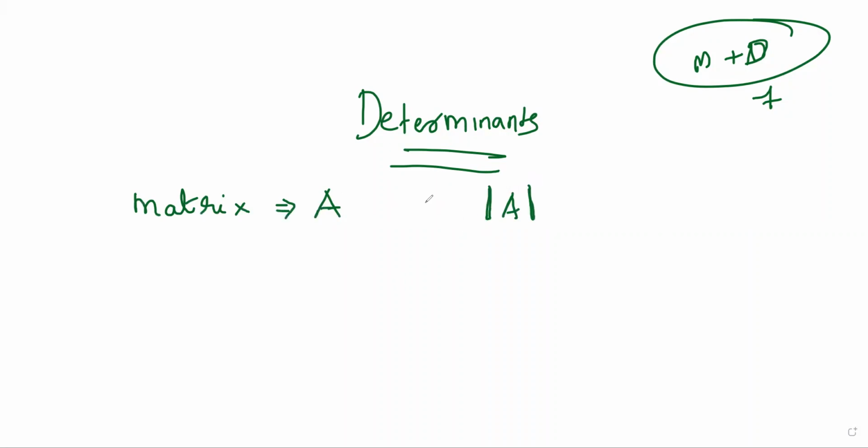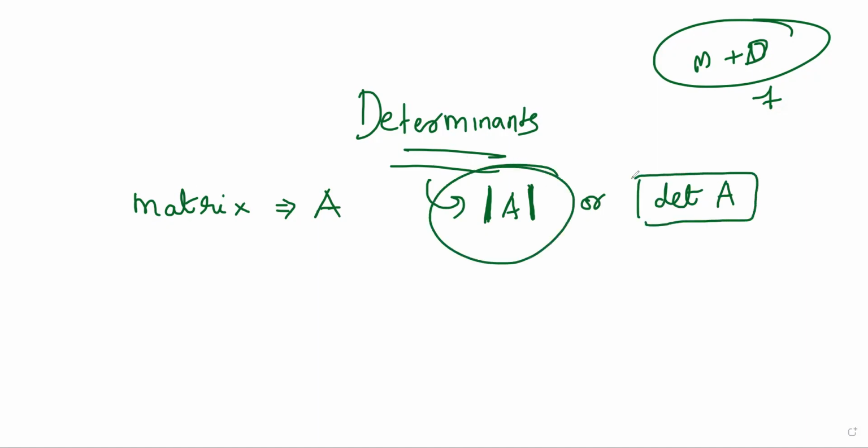Its determinant is denoted like this, with 2 lines, and inside that you will write that matrix. This is the symbol for matrix determinant, or it will be denoted as DET A, like this.